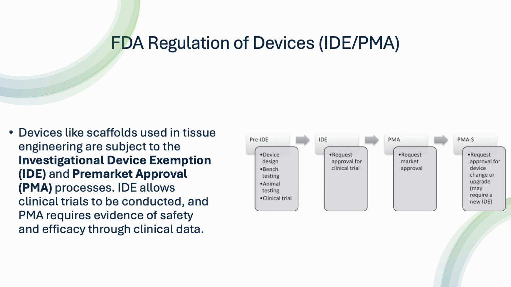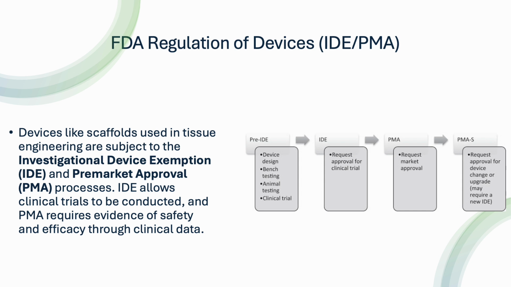And then we will need to go through the PMA pathway where we are going to request a market approval. And then, of course, we are going to go over the request approval for device change or upgrade. It may require a new IDE. And PMAs are, of course, for the supplementary or any change that is made to the device.